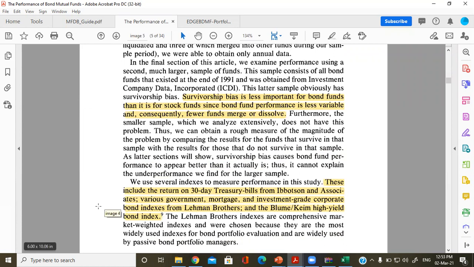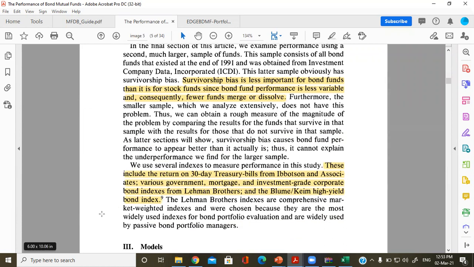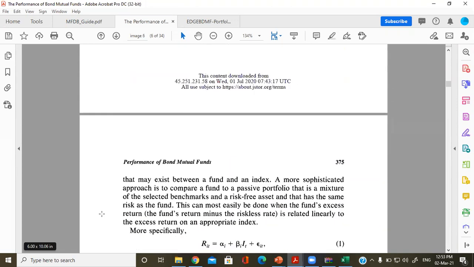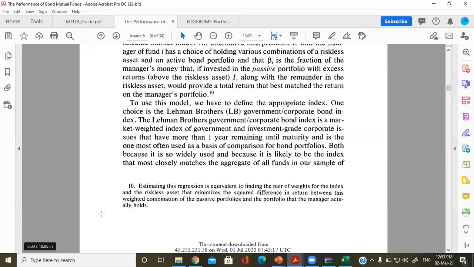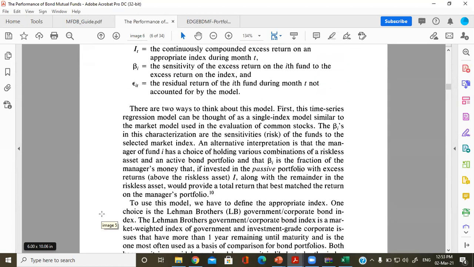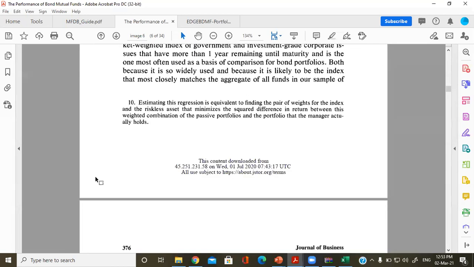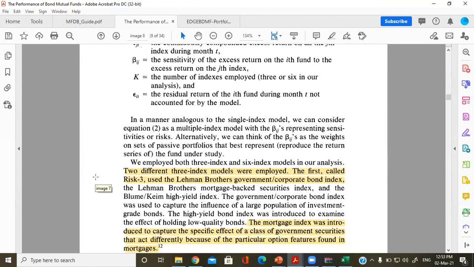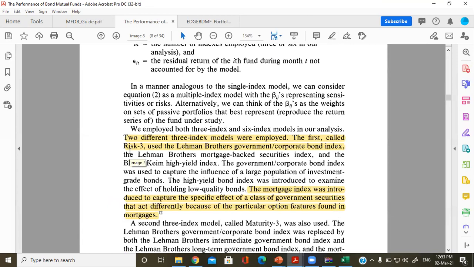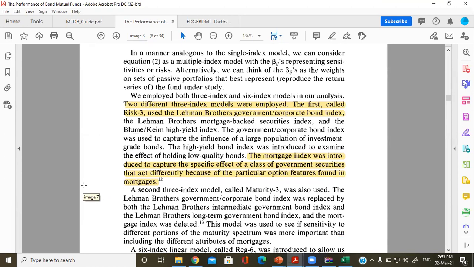So you probably have gone through this paper, and you probably have found that they have used several models to estimate the performance of funds. So I will try to explain one or two models, so other models will be clearly understandable to you. By the model, what do I mean?